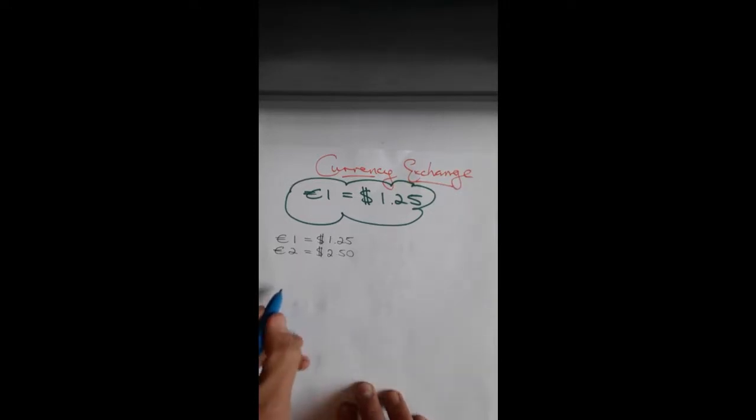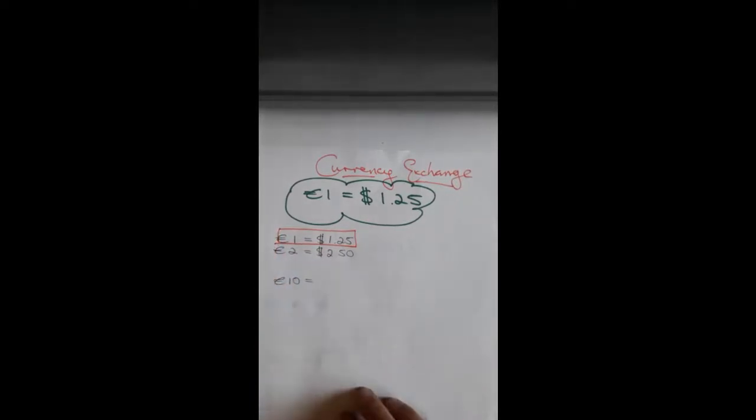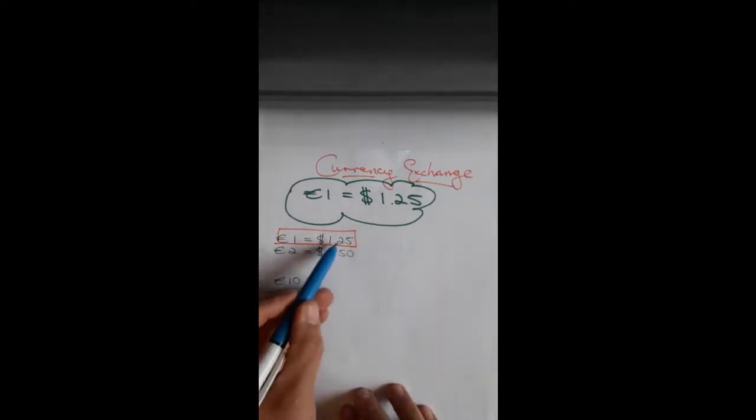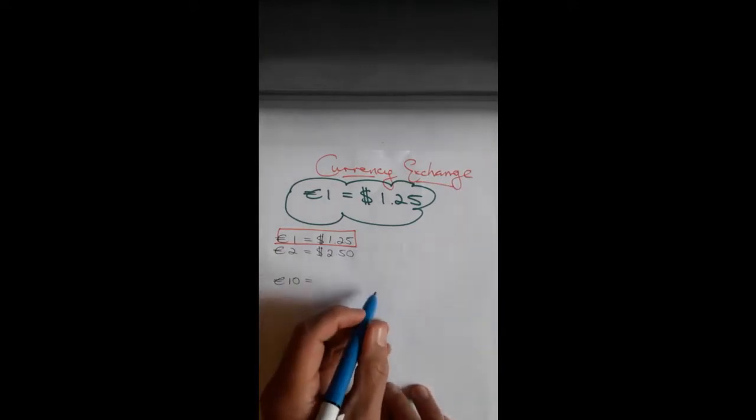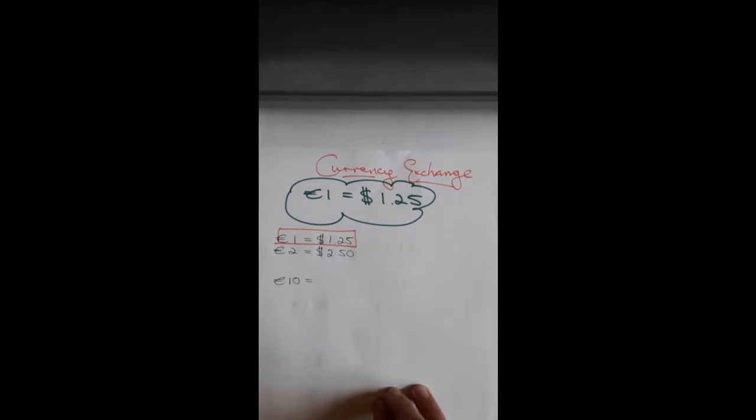So imagine I was exchanging €10 into dollars. Okay, all I need to do is remember €1 is equal to $1.25. So €10 is going to be worth 10 times that. So all I'm going to do is multiply my €10 by $1.25.